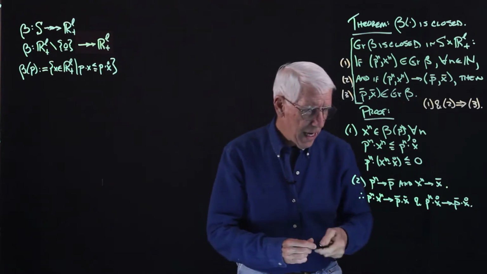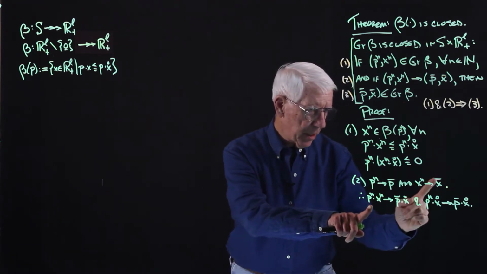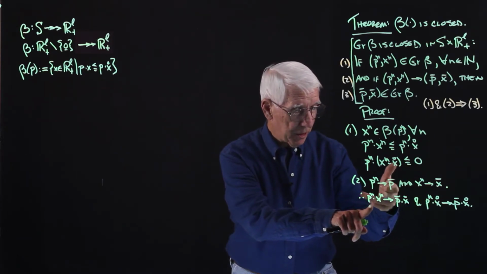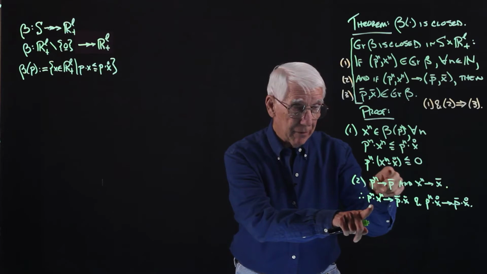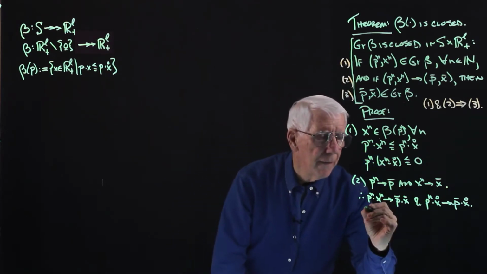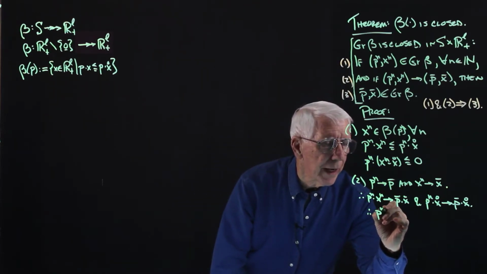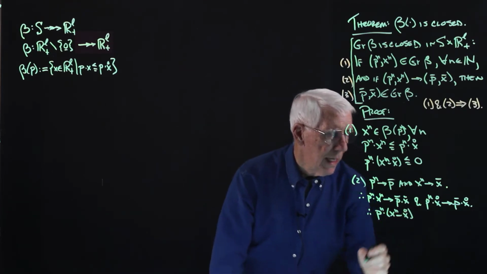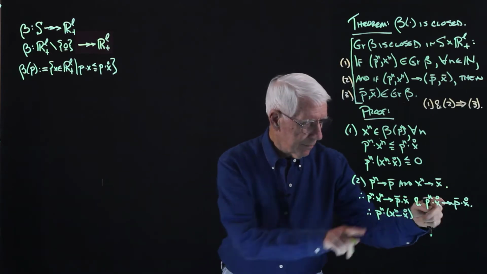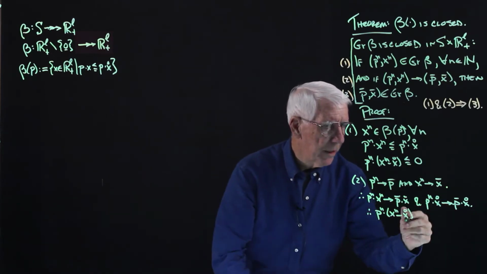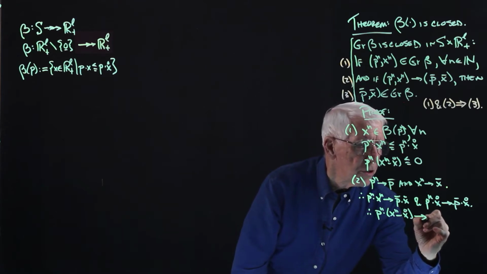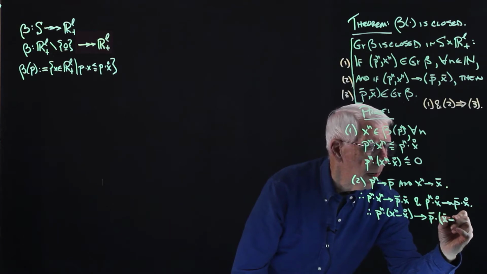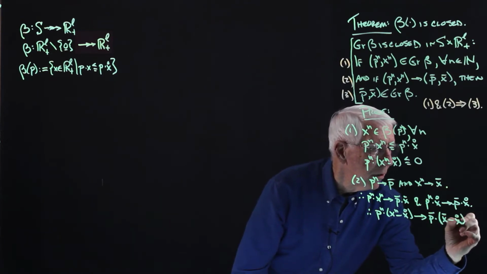Now if I subtract term by term the terms of this sequence from the terms of this sequence, I get the sequence here. So let's do that. We have Pn dot (Xn minus X circle), and that must converge to P bar dot (X bar minus X circle).